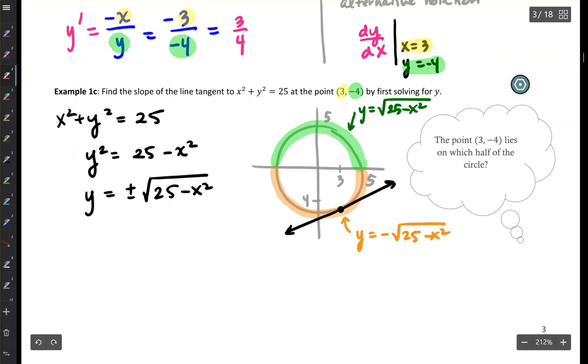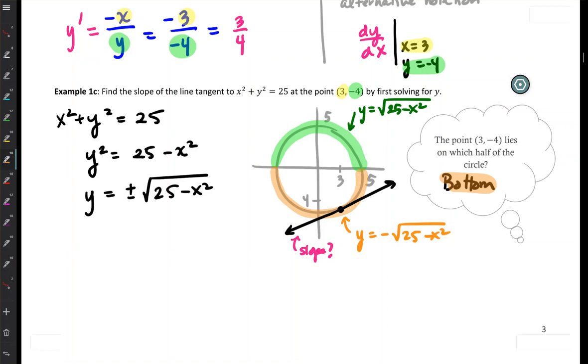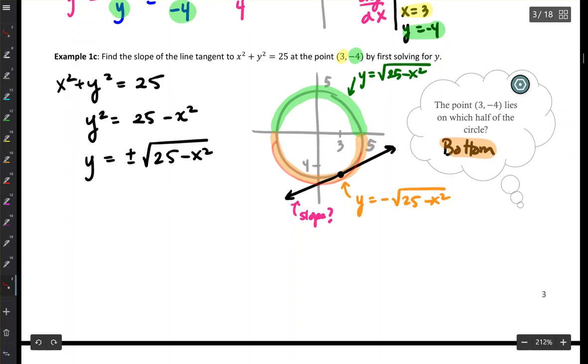And the question is, what is this slope? But if we solve for y and recognize that we're on the bottom half of the circle, then we do not need implicit differentiation.